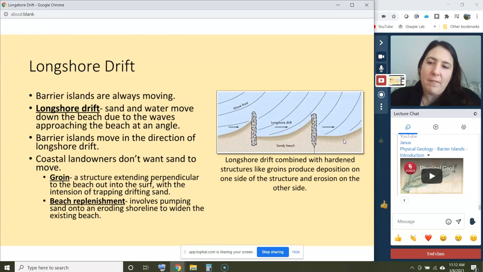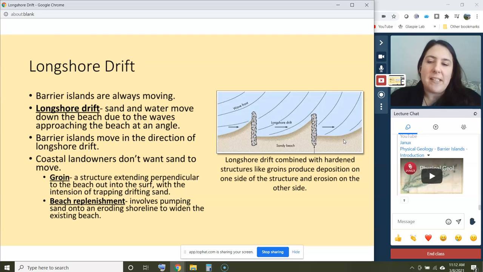Okay, so from that video, what I want you to know is, of course, the major point that he made: barrier islands are always moving, and that is due to longshore drift, which for the purposes of this course we'll say means sand and water move down the beach due to the waves approaching the beach at an angle.